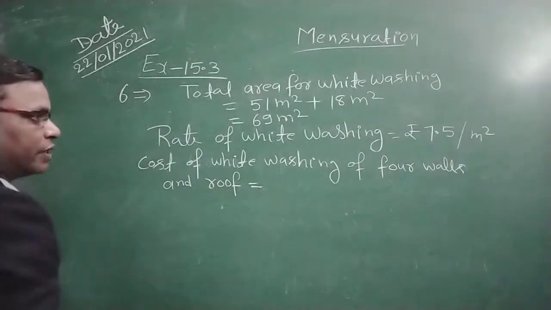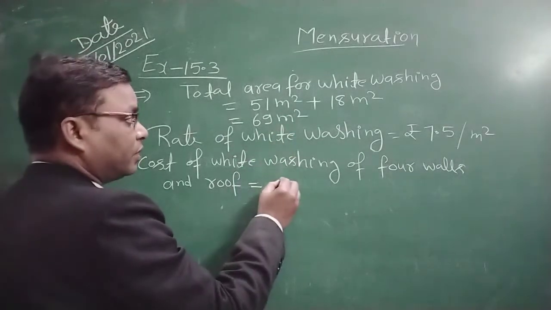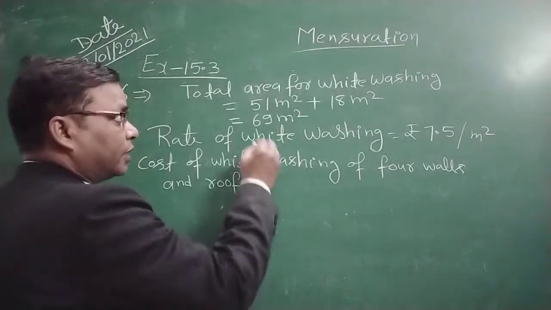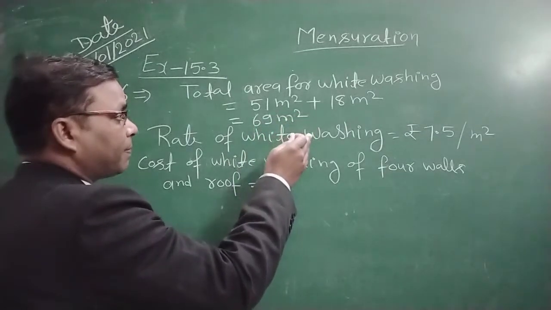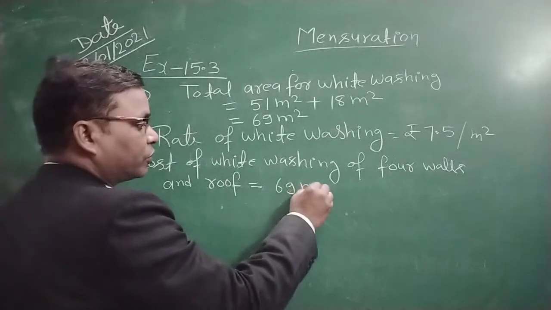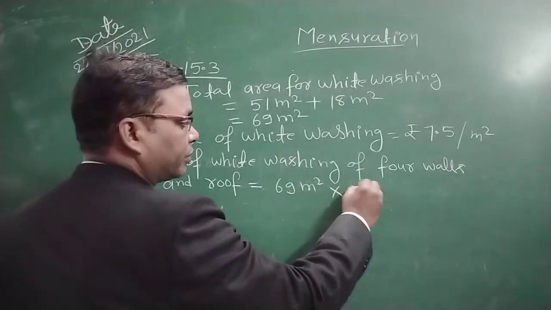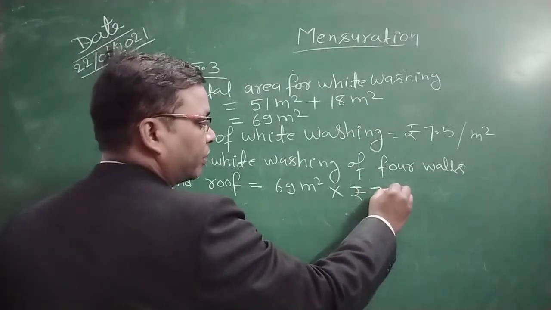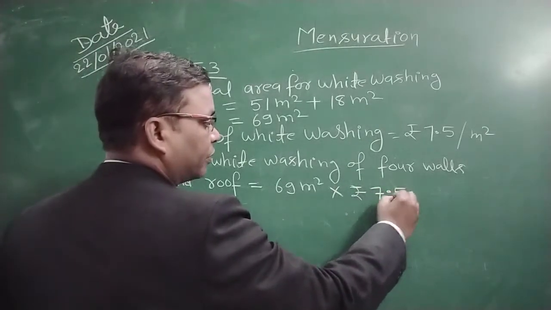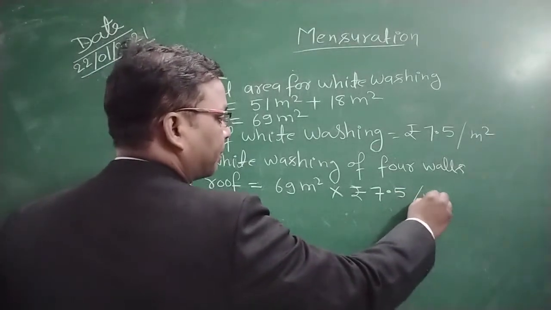This is equal to the total area for whitewashing, which is 69 meter square into rupees 7.50 per meter square.